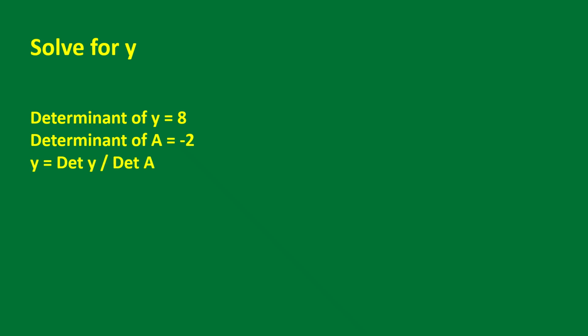And the formula for y is defined as the determinant of y divided by the determinant of matrix A. So putting all the numbers into the formula, y is 8 divided by minus 2. Then we've got y is equal to minus 4. So guys, we have solved for variable y. In this case, y is equal to minus 4.